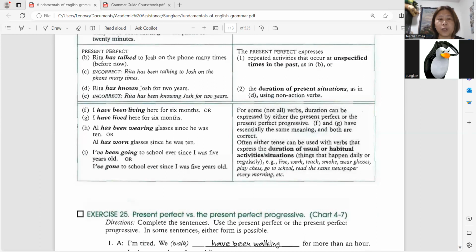This is only for some verbs like live, work, teach, smoke, wear glasses, play chess, go to school, read.